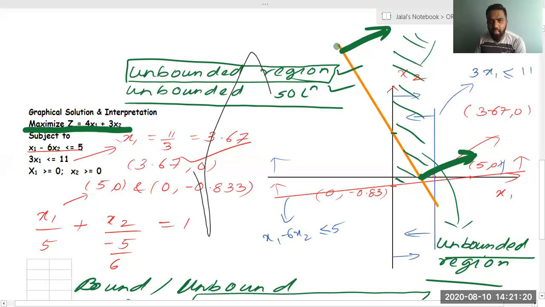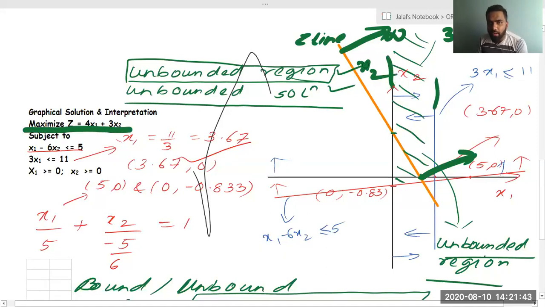So for this line, which is my Z line, what I'm expecting is that the Z line will move away from the origin. Now, where will it cut at the maximum point? This is also infinity, and this also has some coordinates which are infinity. So it will cut the x2 axis as well as this line.